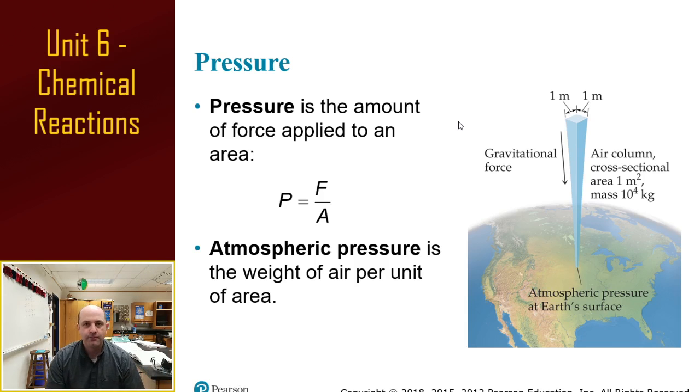That's what atmospheric pressure is: all the weight of the gases in the air above us being pulled down on top of us. They say here that for about a square meter, it's about 10,000 kilograms of mass, which, hey, we're holding up roughly a couple thousand kilograms of mass. I feel stronger. How about you?